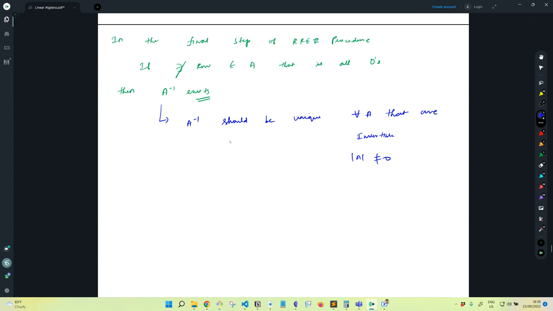For any A such that the determinant of A is not equal to zero, A inverse should be unique. Now, what does that mean? We know that the solution X is A inverse B, and B is given in the data, and we know that A inverse is unique. Now, can you comment on the nature of X?